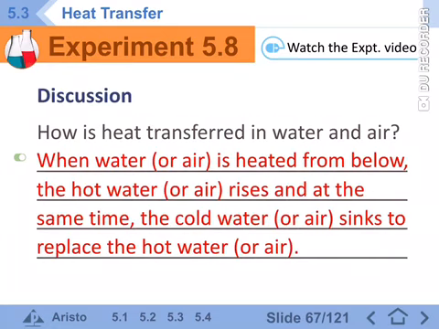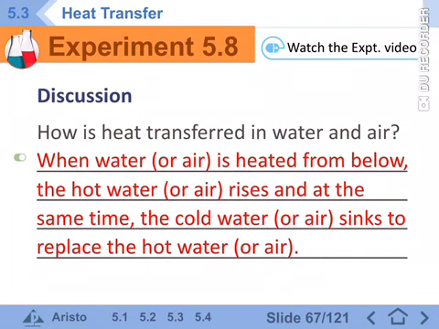So in here, when the water or air is flowing from below, the hot water or air rises at the same time. So basically the hot one will go up, doesn't matter if it's water or air, and we have got a name for that, we call that a fluid. Water or air can be considered a fluid.